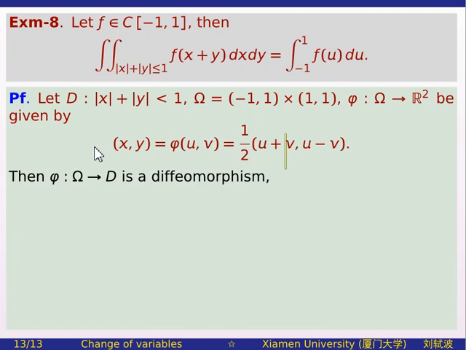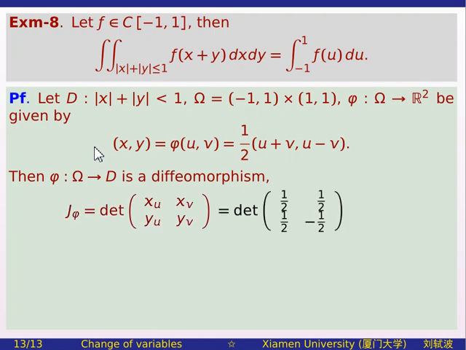Also, we can compute the Jacobian determinant. That is the determinant of the matrix consisting of partial derivatives of x and y with respect to u and v. This is quite an easy computation.